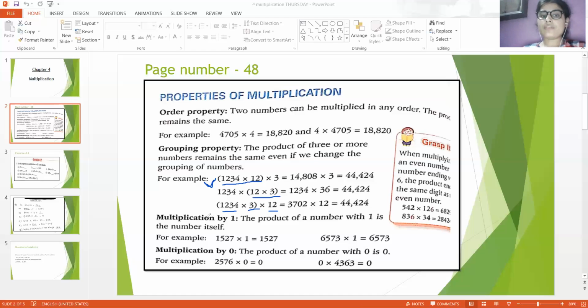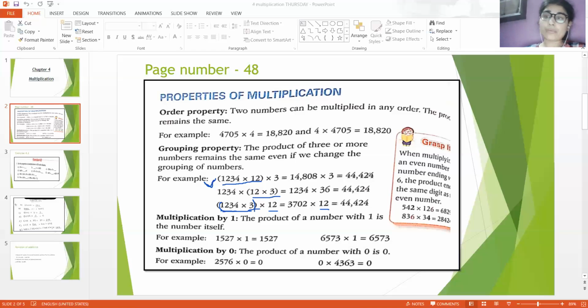Now in the third we will multiply 1234 with 3 first, so we write the bracket like this. After multiplying these two, I get 3702. Now multiply 3702 with 12. The answer remains the same, 44,424.